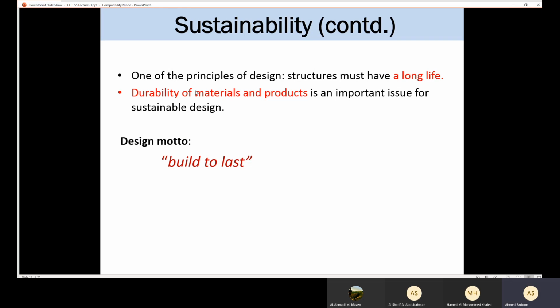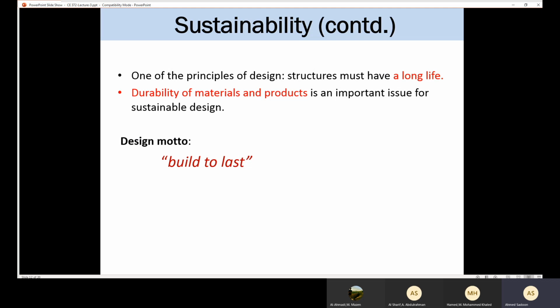The famous design motto is design or build to last. You need to build something that can last for many years.